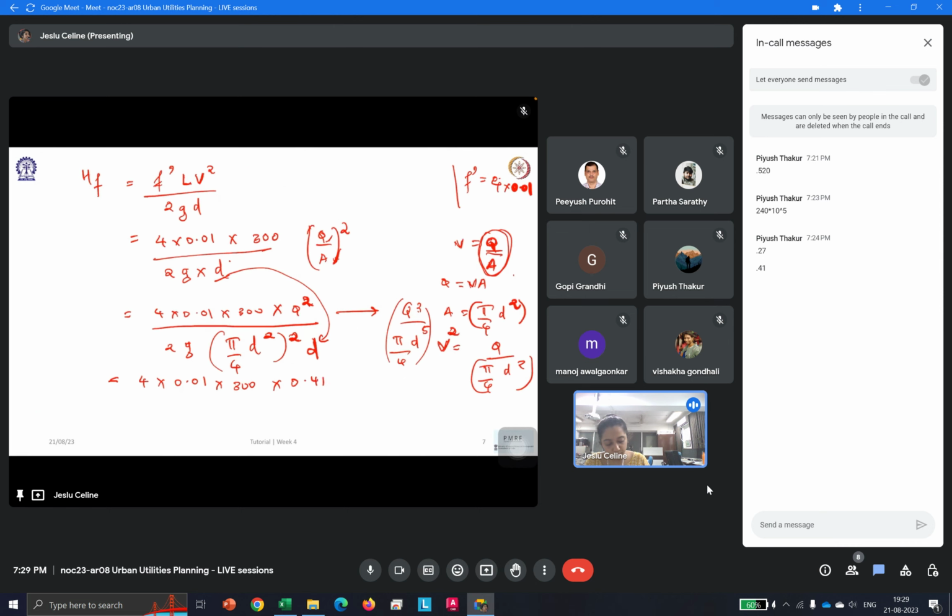So 0.41 the whole square, divided by 2 into 9.8, into pi, which we can take as 3.14, divided by 4, into D raised to 5, where D is 0.5. This is a bit lengthy calculation. I'll give you 2 minutes to solve this.